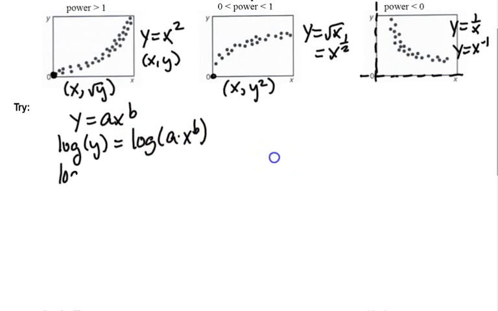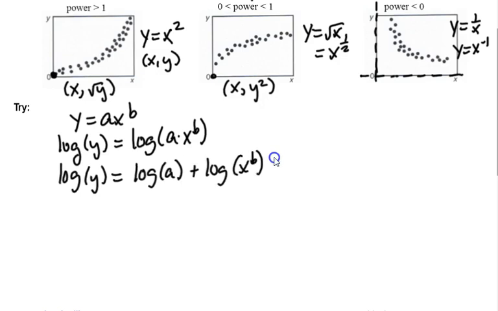In other words, I can write this as log of y equals log of a plus log of x to the b. Let's split this apart. That's what one log property allows me to do. A second log property allows me to bring the exponent out of the log, out in front like that.